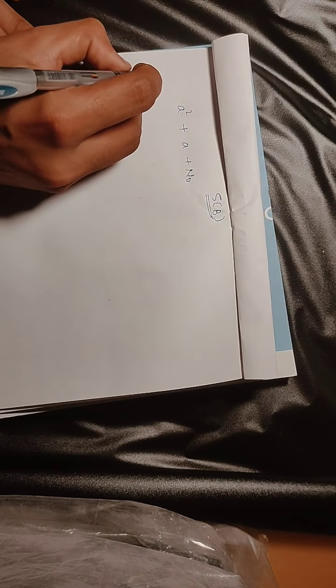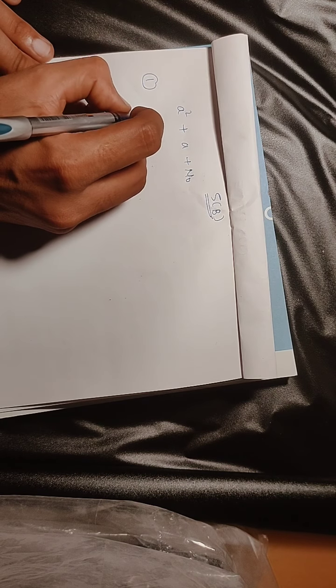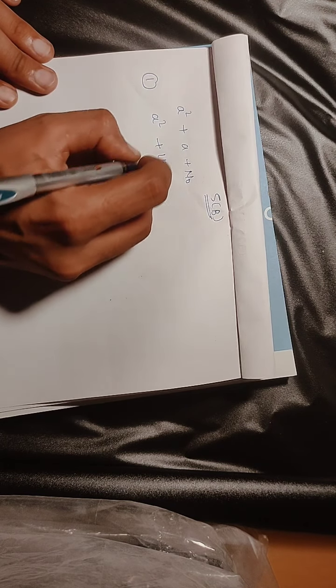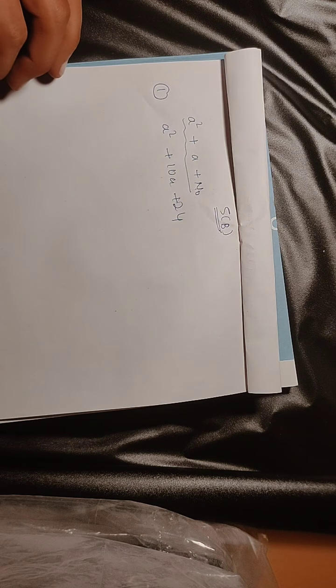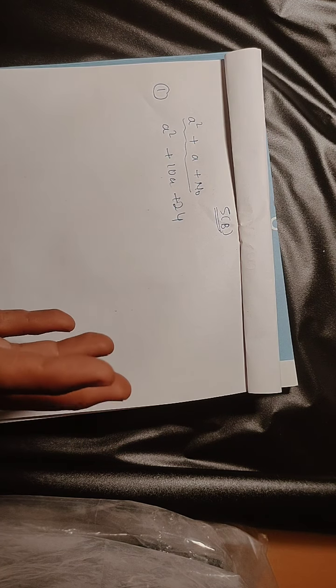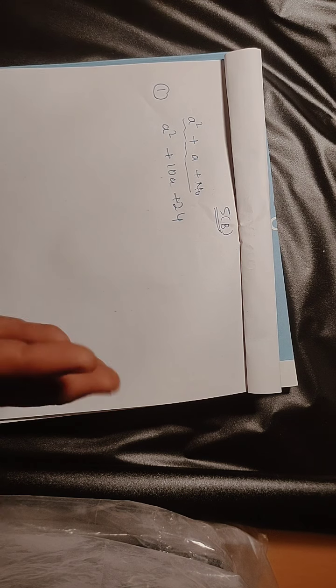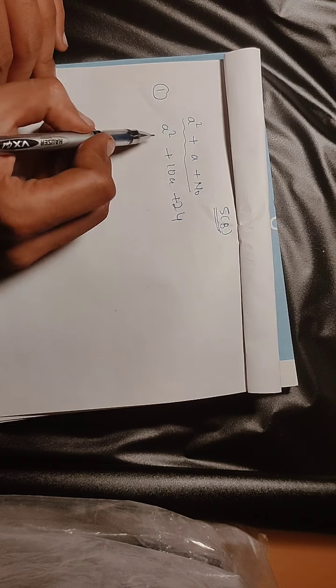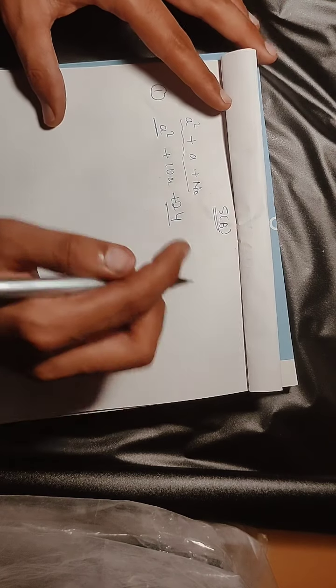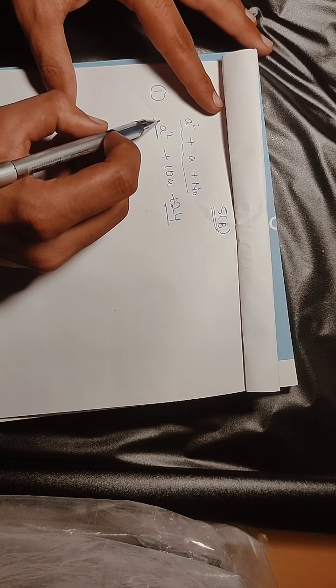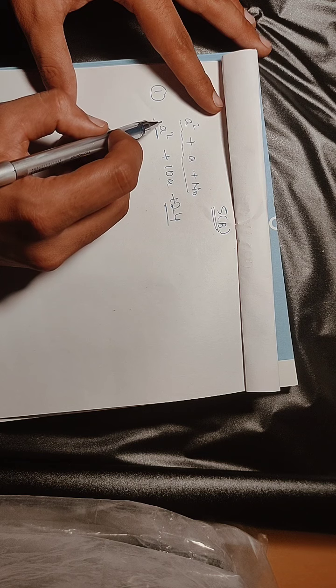Okay, so coming to question number 1, it is given a square plus 10a plus 24. In this we can say this is in the form of an equation, I have already told you. So how can we solve? Just keep in mind that we have to look at the first and the last numbers.